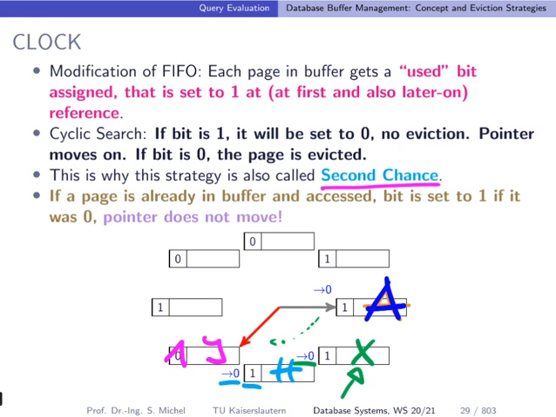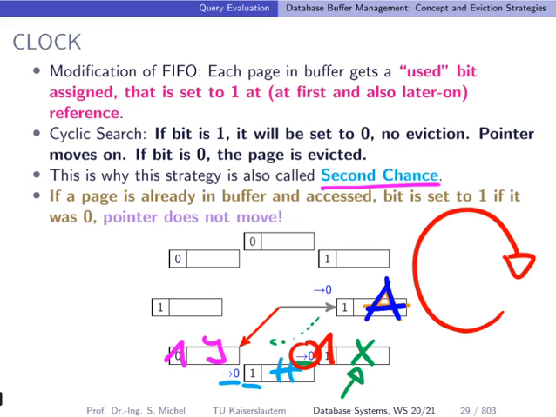But it's important that if we're accessing X and X had a 0 bit, we're setting this 0 bit to 1, right? So these bits always indicate if there was a recent access. And the cyclic search through the buffer gives every page another chance by setting a potential 1 bit to 0, but if it was 0, it gets eliminated.